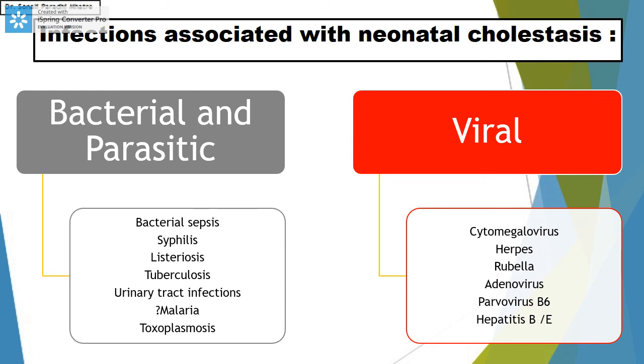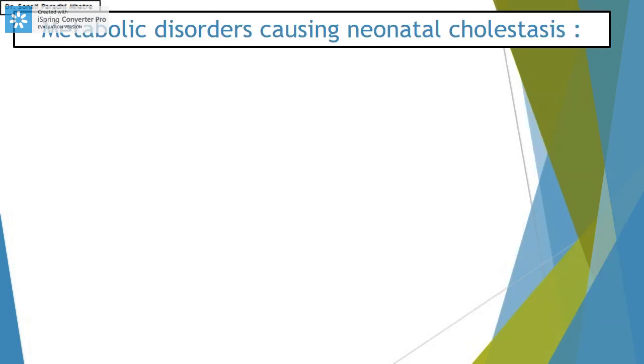Not very common, but there are a few reported cases of malaria which presented as massive splenomegaly, hepatomegaly, and secondary to that, jaundice in the babies. And of course, urinary tract infections again. The viral causes are cytomegalovirus, herpes, rubella, the TORCH group itself, then parvovirus, and the hepatic viruses also.